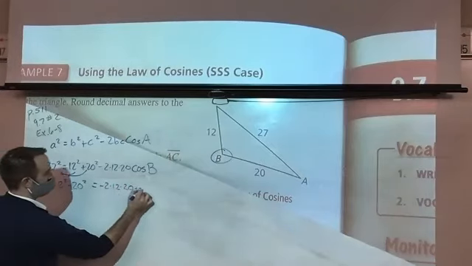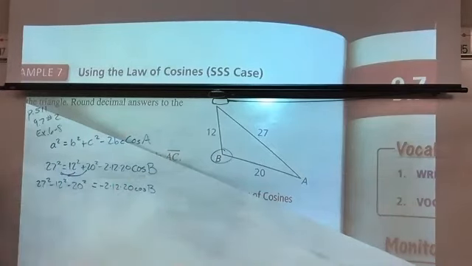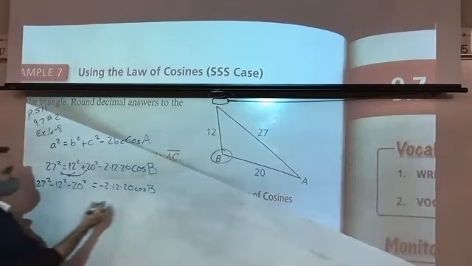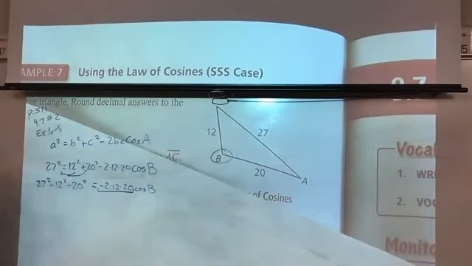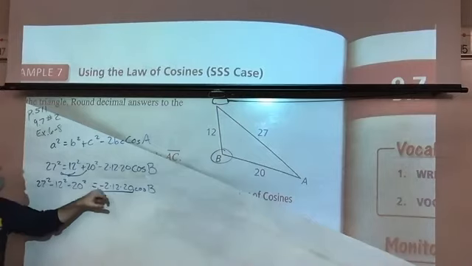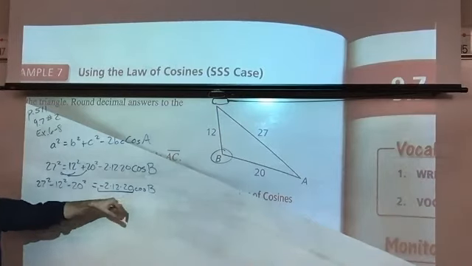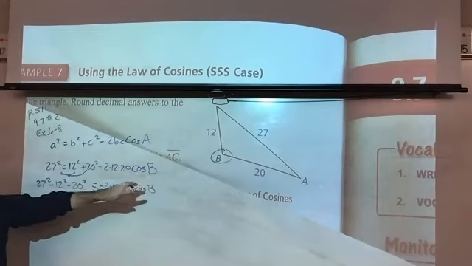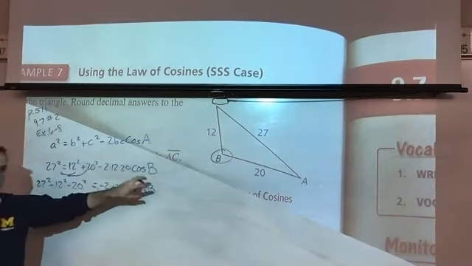That's going to get me here. Right? You could simplify this if you wanted to. You could type that in the calculator, get a number, absolutely fine. You don't have to. Now I need to get rid of the rest of this stuff. These three things, that -2, that 12, that 20, those are all multiplied into cosine B. What's the opposite of multiplication?